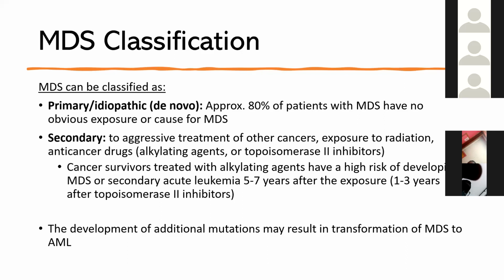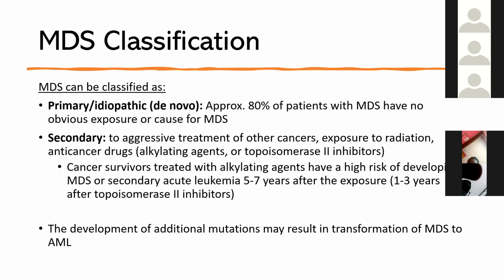Now, we can broadly classify the MDS into two. There's the primary or idiopathic myelodysplastic syndrome, again also known as de novo. This occurs in approximately 80% of patients who have MDS.